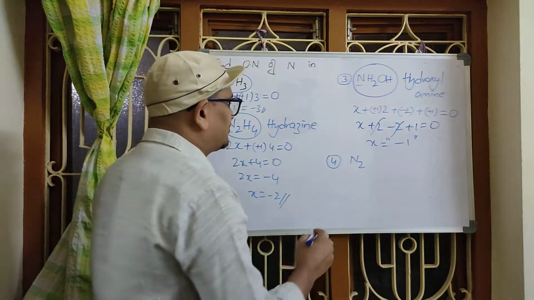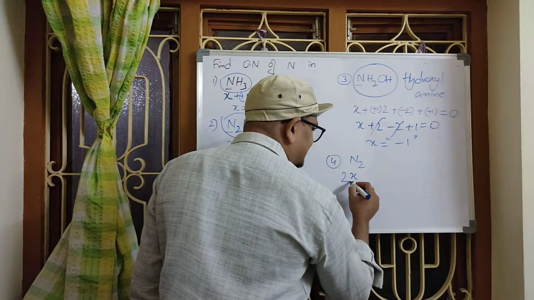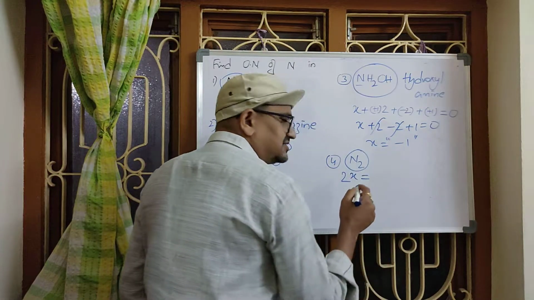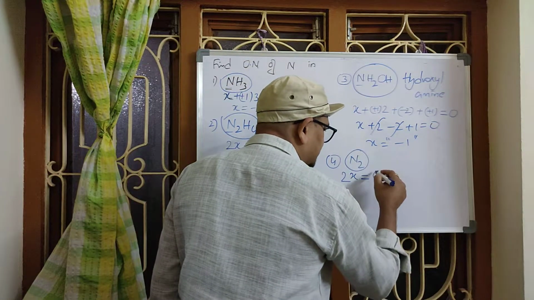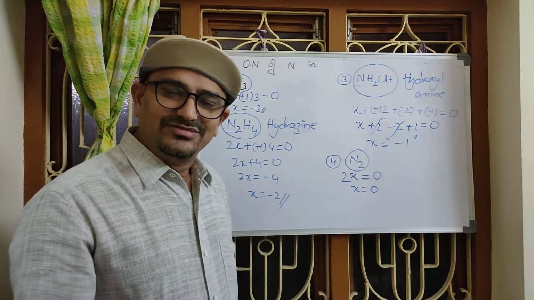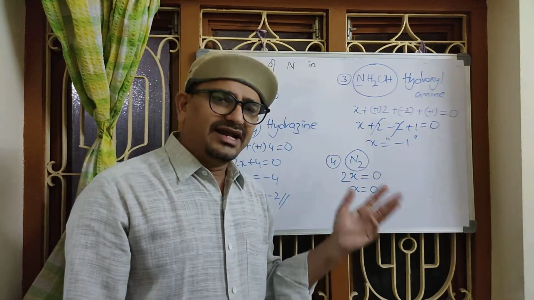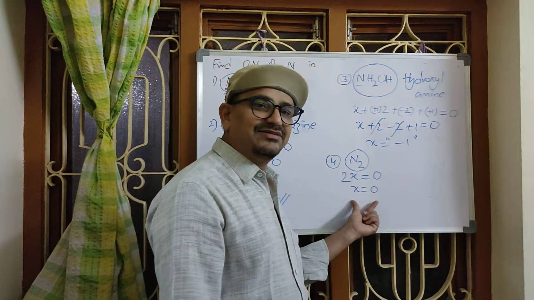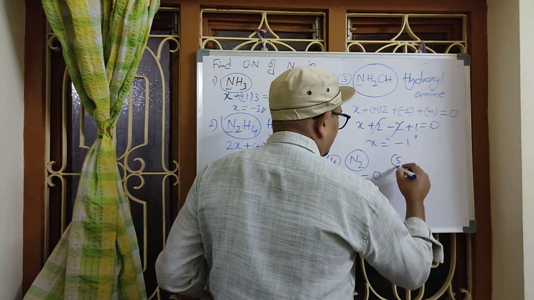Let it be X. Two nitrogens are there, 2X equals, what's the total charge? 0. It's not a charged species, so X equals 0 by 2, which is 0. So hence proved: in elemental state or free state or native state, the oxidation number of these elements will be 0. Understood?